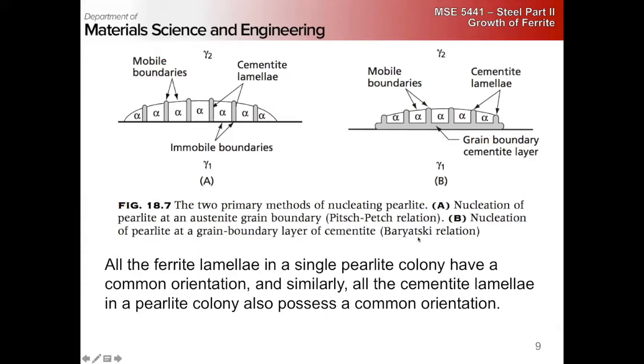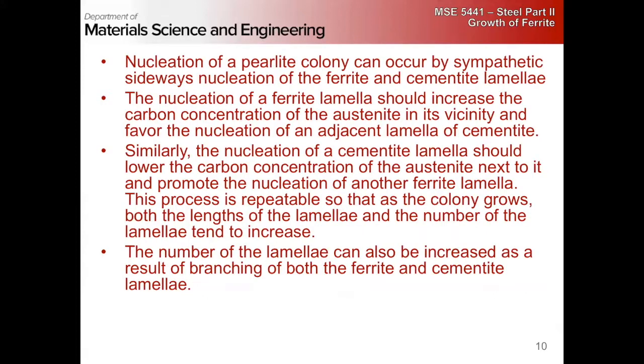Why isn't one lamella much wider or narrower than its neighboring lamella, right? And why is that the case for both ferrite and cementite, right? And we'll talk this through in words before we go through it in the diagram, right?